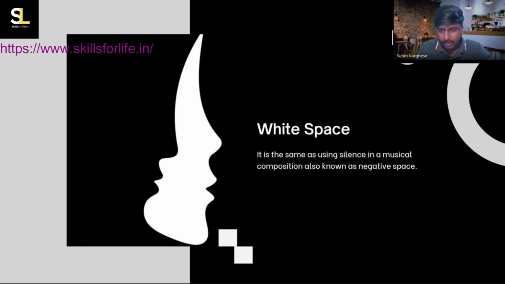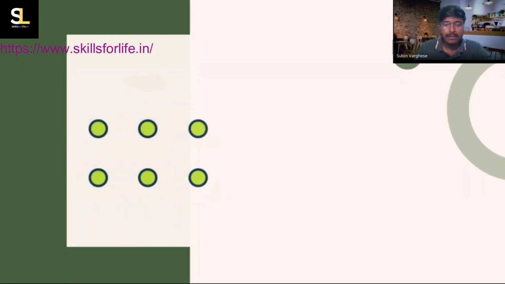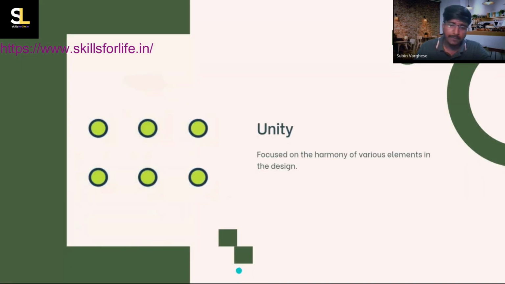Moving to the next one, it is about unity. Now, there is also an opposite of this, which is known as variety. Most of the time, unity and variety are like two sides of the same coin. You can always keep unity in your design. That's also fine. Like I have kept unity throughout my slides.